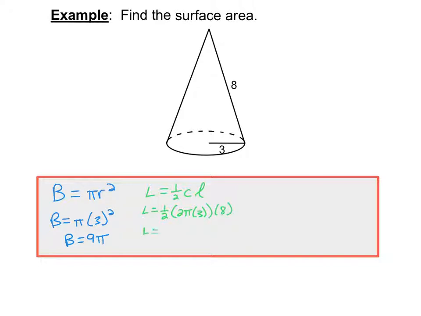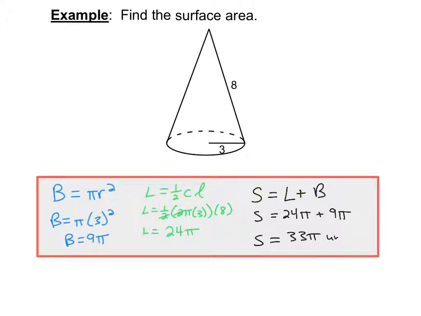So 1/2 times 2, those are going to cancel, and I end up with 24 times pi. So my total surface area is L plus B. My lateral surface area is 24 pi. My base is 9 pi, so the total surface area is going to be 33 pi square units.